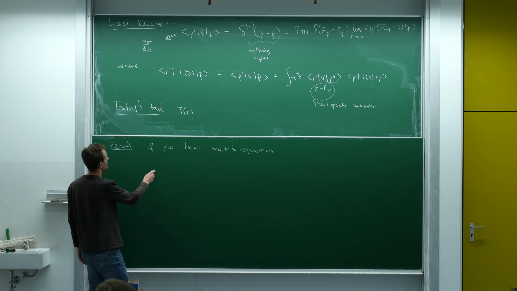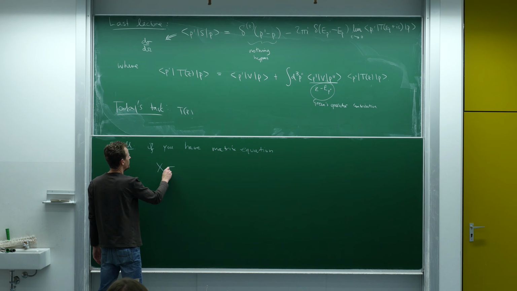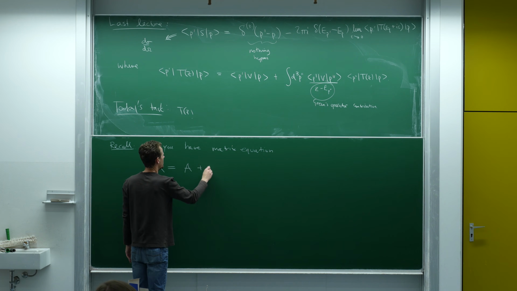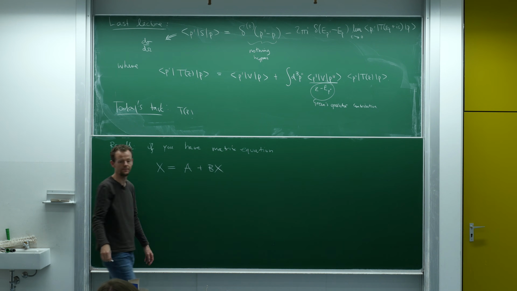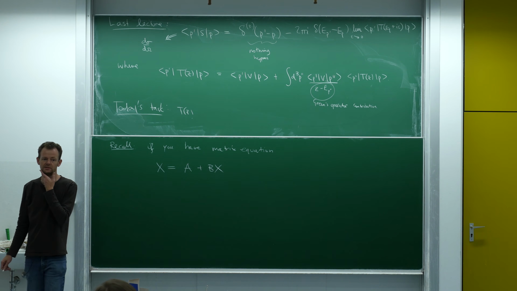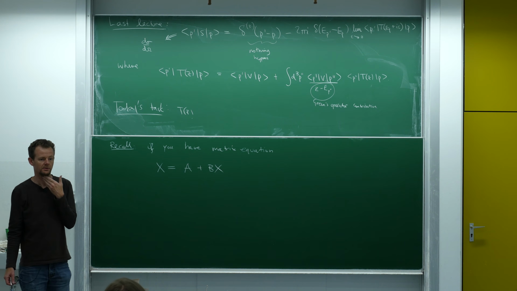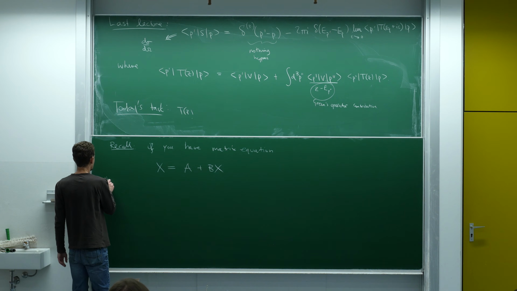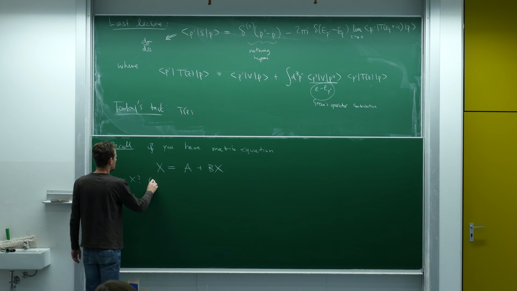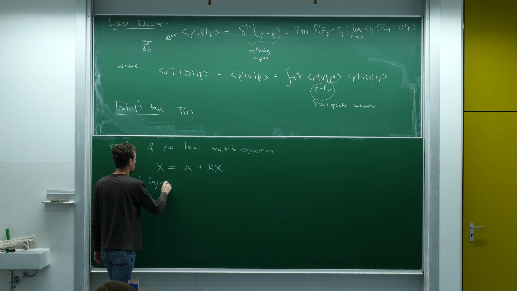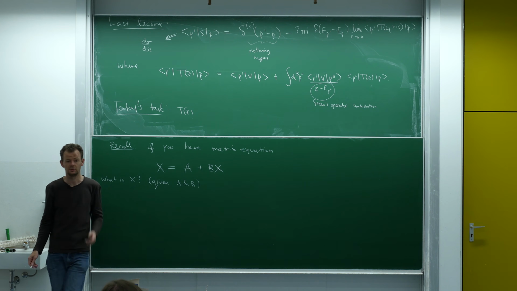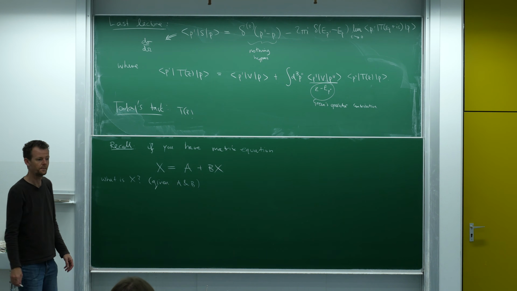So if you have a matrix equation, let's say it's of the form x equals a plus bx, and you want to know what x is, given a and b, then there's a bunch of things you can do.